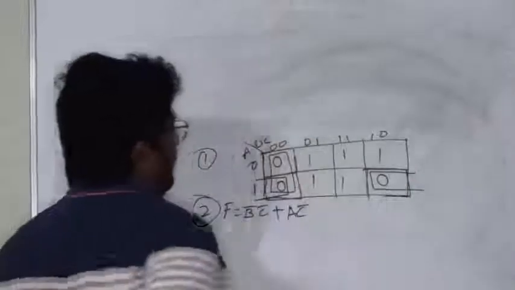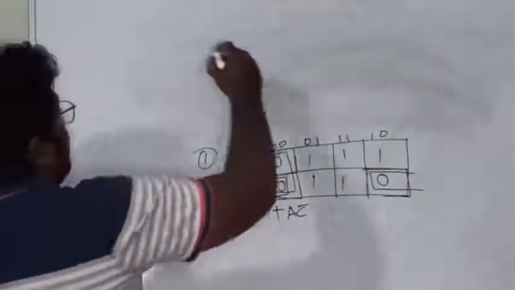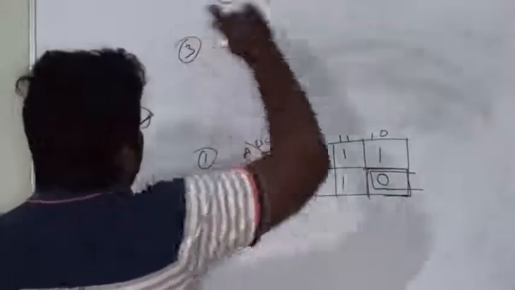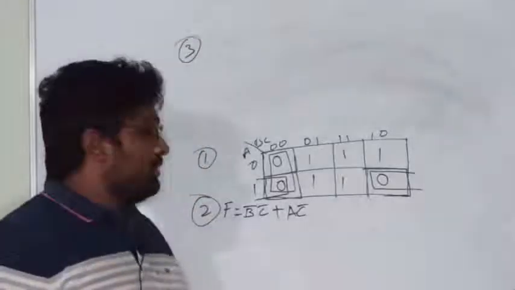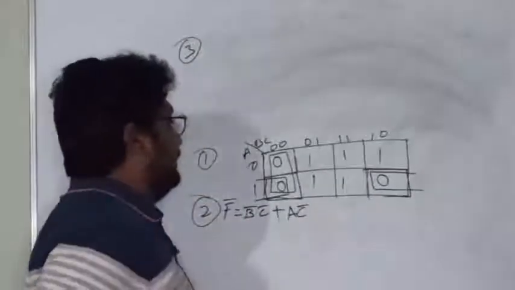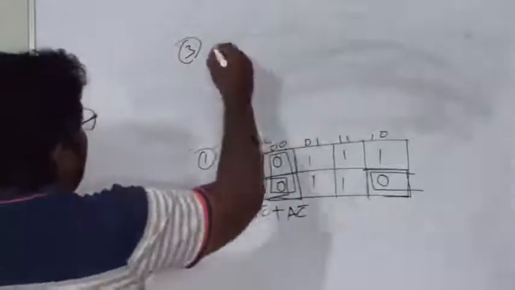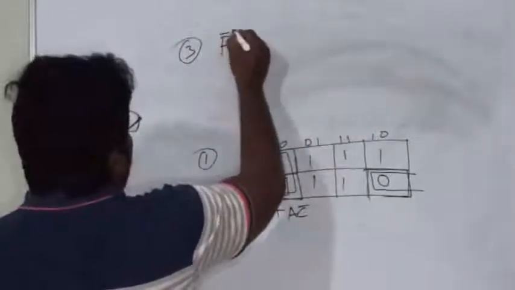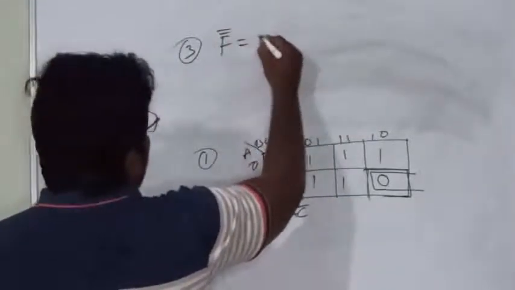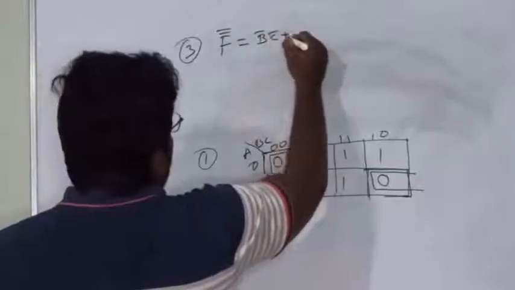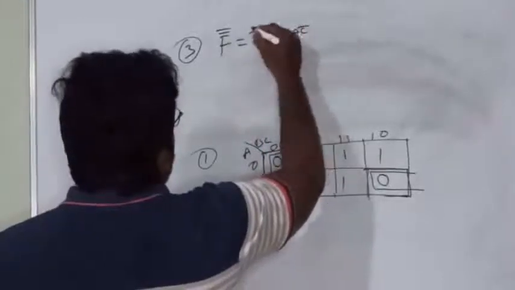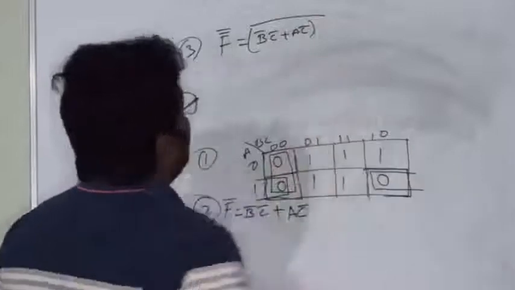The third step involved here is that by using De Morgan's law, since we got F complement, we will be evaluating F whole complement, which will become B complement C complement plus A C complement, whole complement.